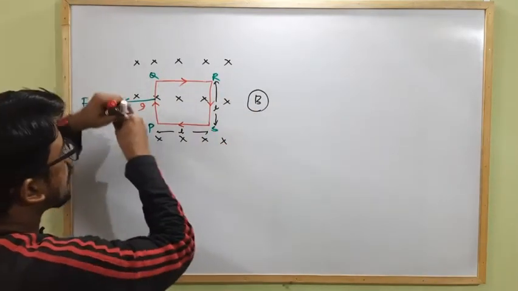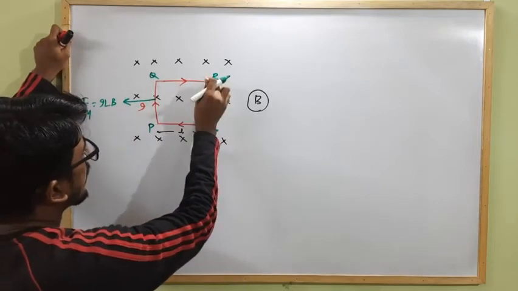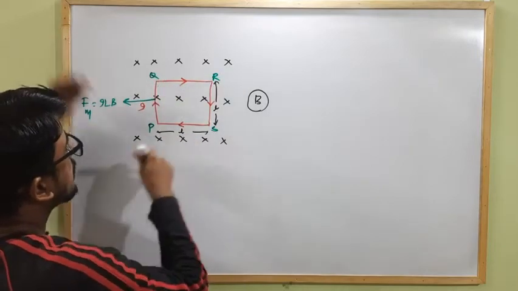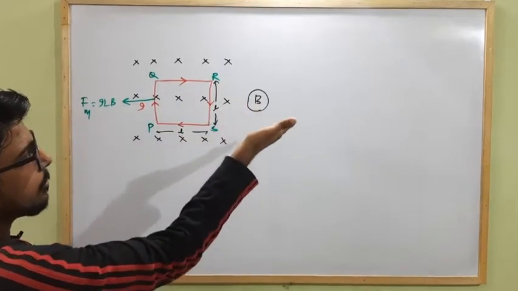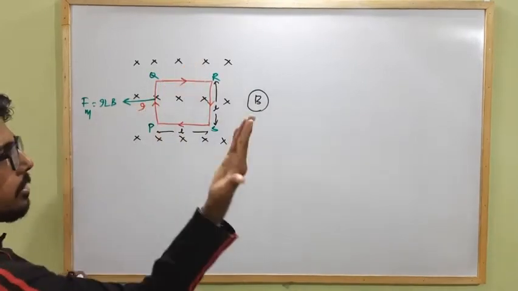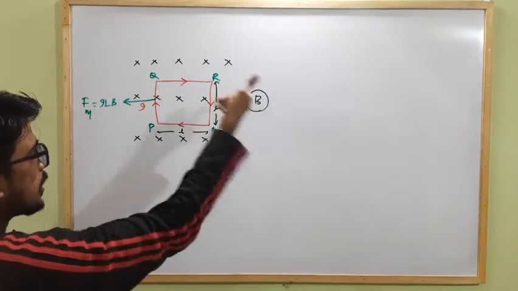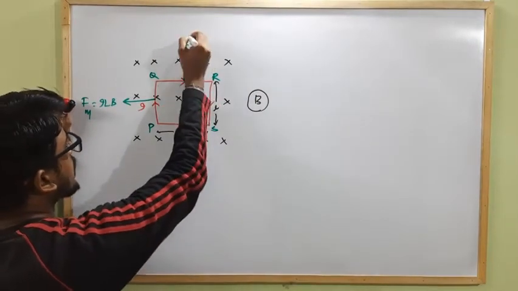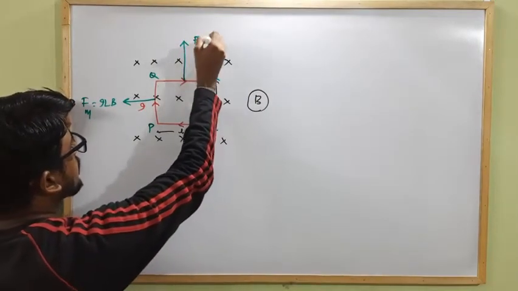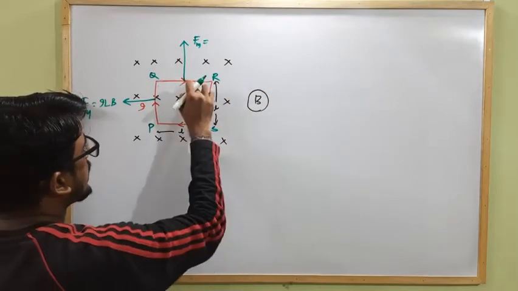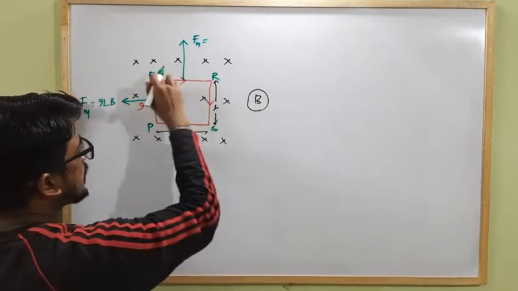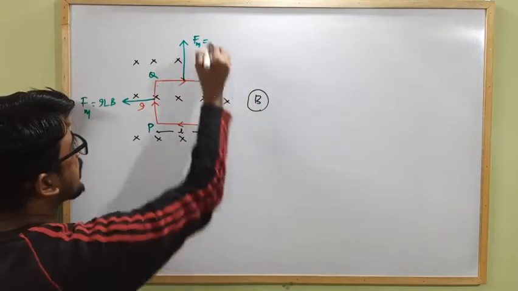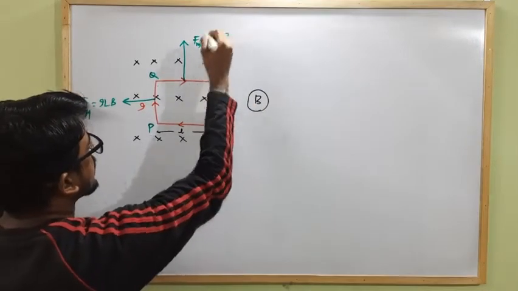Similarly, the current is flowing in the Q to R direction, from left to right. If I thread my thumb along this direction and the fingers of my right hand along the direction of B, the palm shows the direction of force, along this direction. Its magnitude is Fm equal to how much? Current I is flowing through it, the length is L, same as that of PS, so the force is ILB.